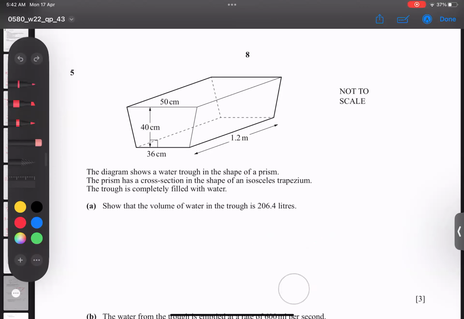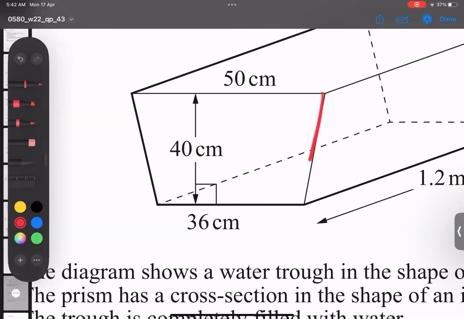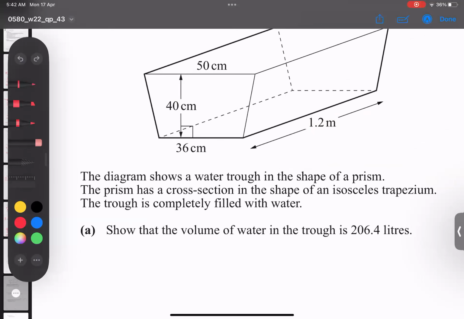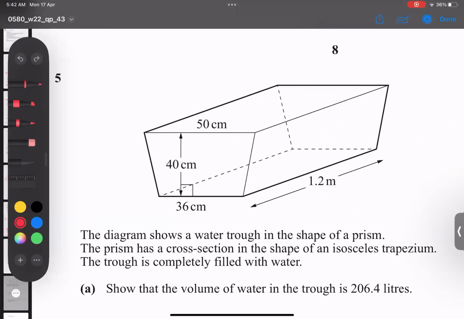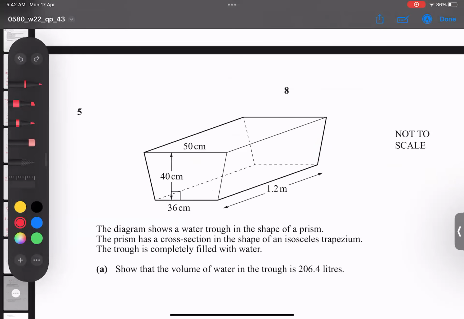I hope you got the point. So in this sense, I can say this gap and this gap equal each other. All right. And the perpendicular distance given is 40, you can see this 40, and this length is 50, this length is 36. So for the trapezium, all parameters are given by him.